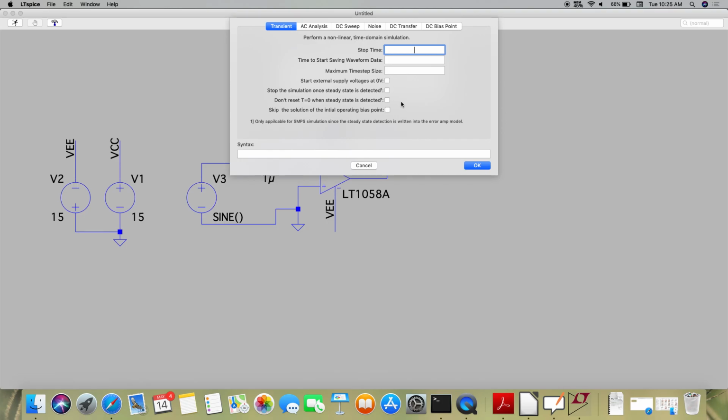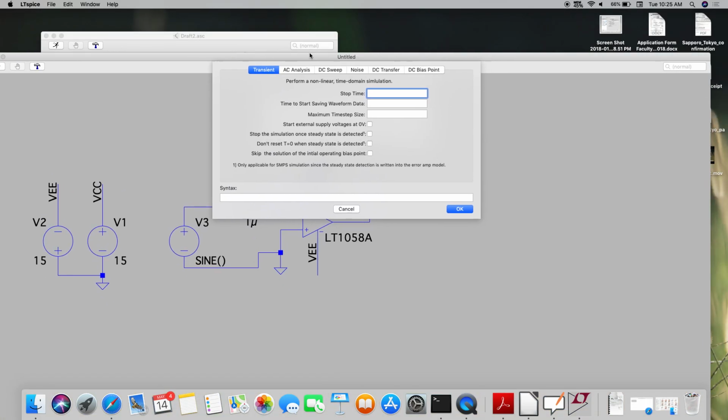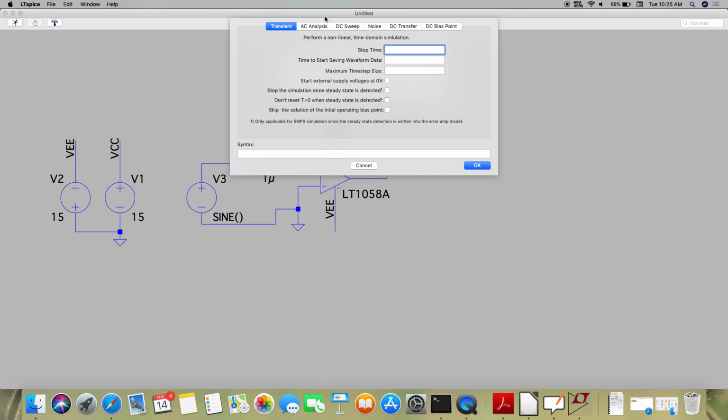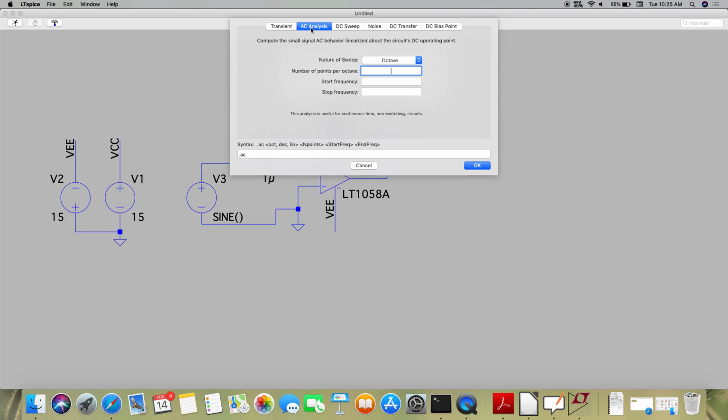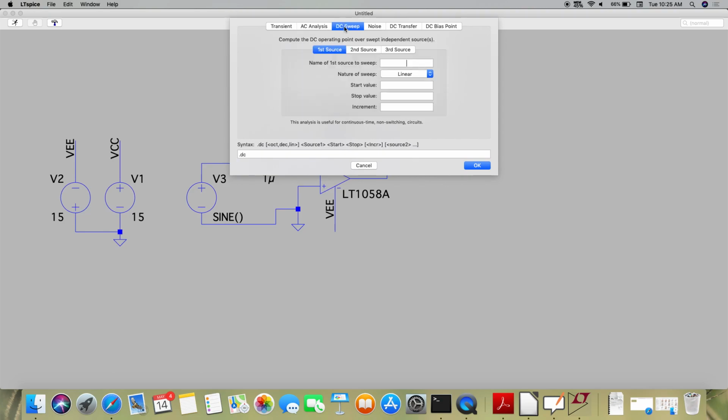Now LT Spice is going to write the command for you. Which analysis you want to do is the important thing. If you are interested in transient, it is with respect to time; AC analysis is with respect to frequency; DC sweep means sweeping some component's DC values; and noise.